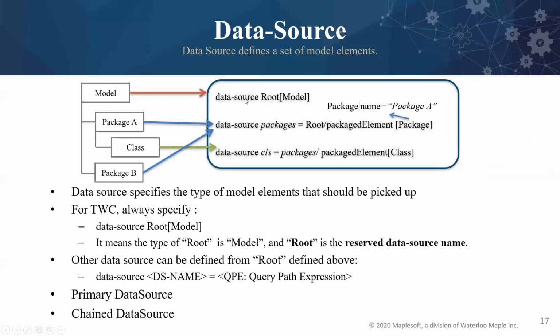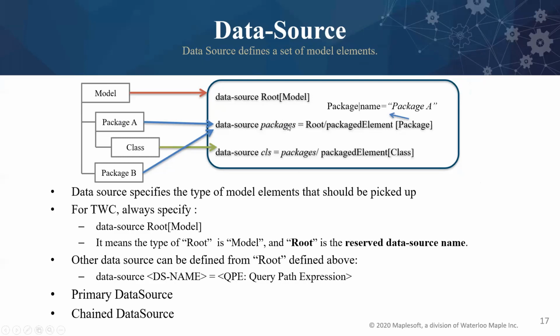So all these are fixed keywords. They cannot be reused to provide a name or to be used in the sync tables. So root and model are fixed keywords. And once I define a data source, I can create a chain of data source. I could create another data source called package, which is going to query the root and see all the packages within the model.